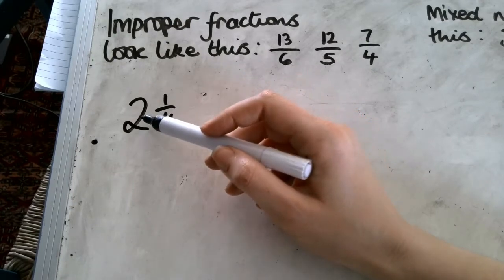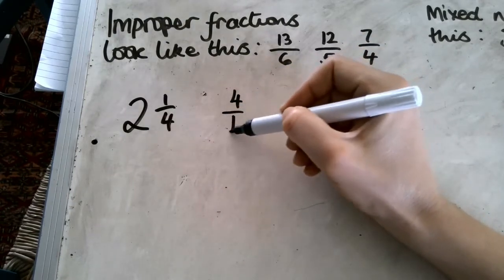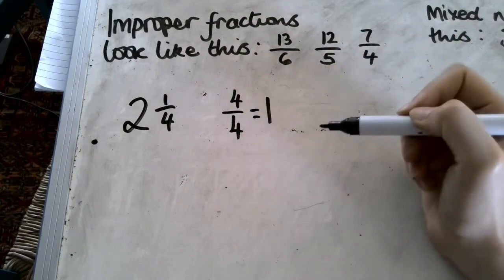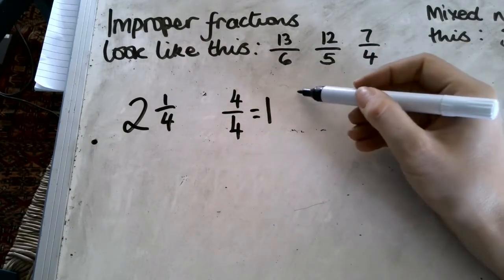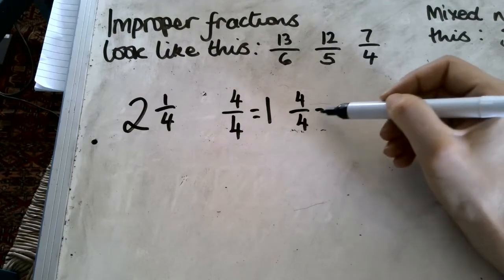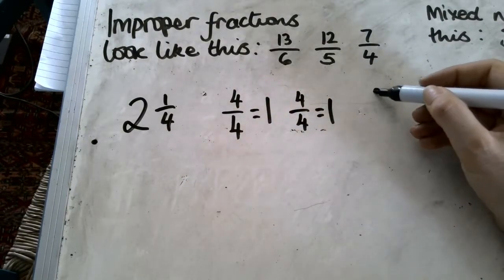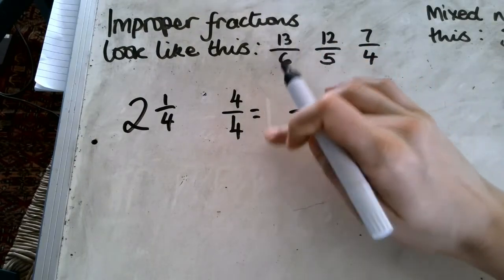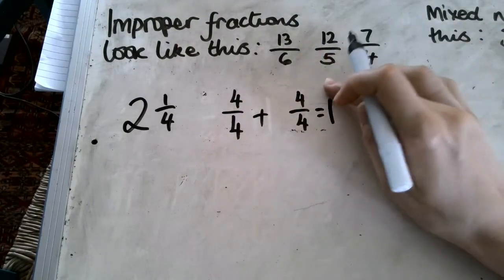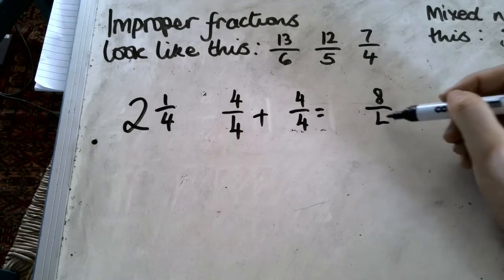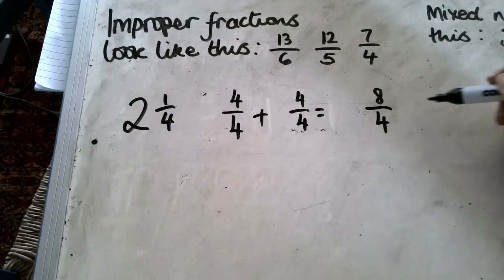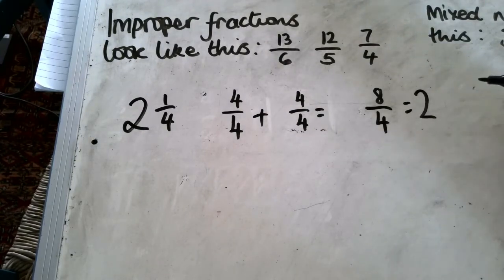Okay, now we know that 4/4 equals 1. So we must have 2 lots of 4/4 because we have 2, which means 4/4 add 4/4 equals 8/4. 8/4 equals 2 whole.